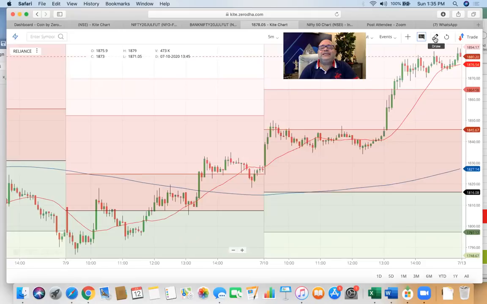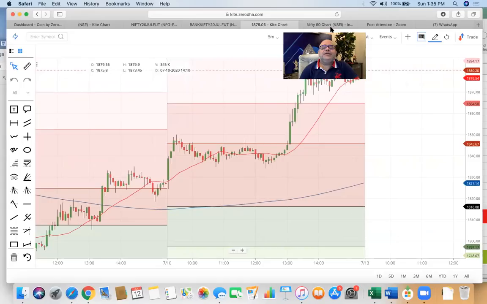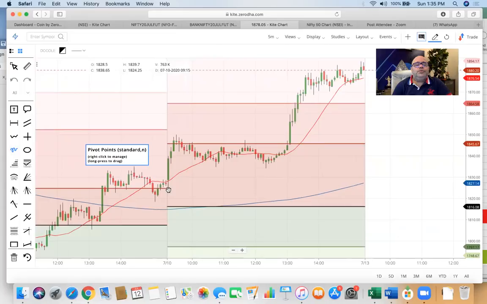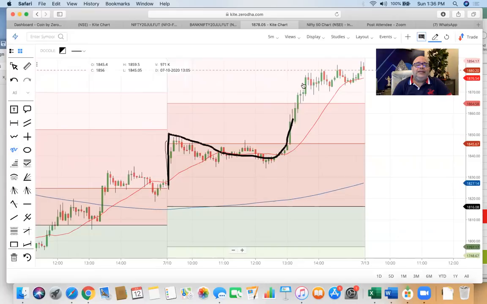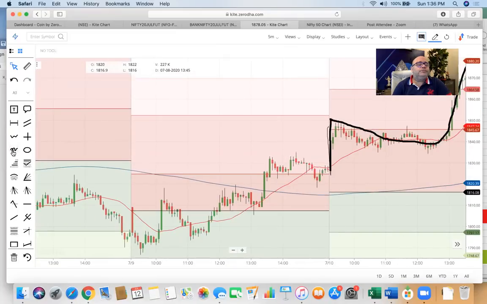Because it is a nice trending chart, and trending charts give you better patterns. So gaps up, gaps up, corrects, and then makes an N. Okay, makes a W and goes up.